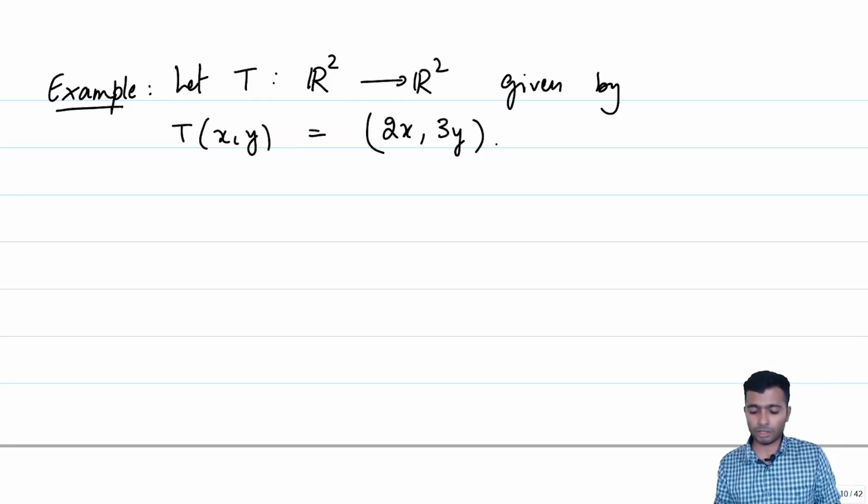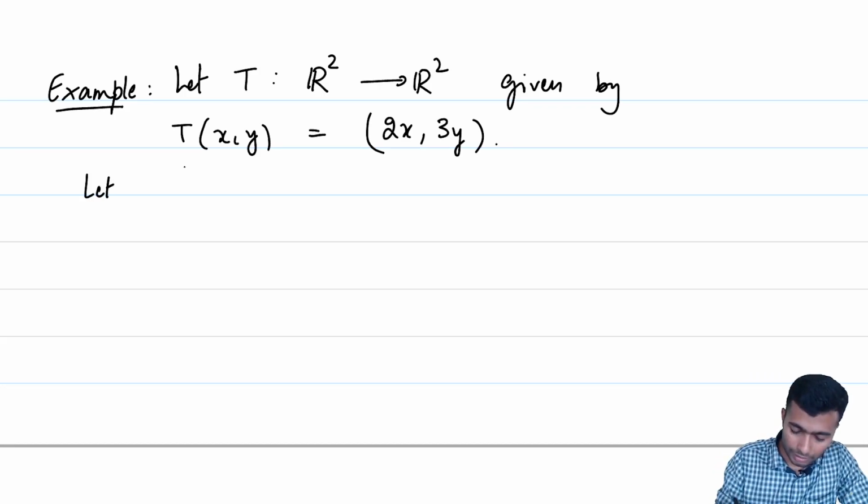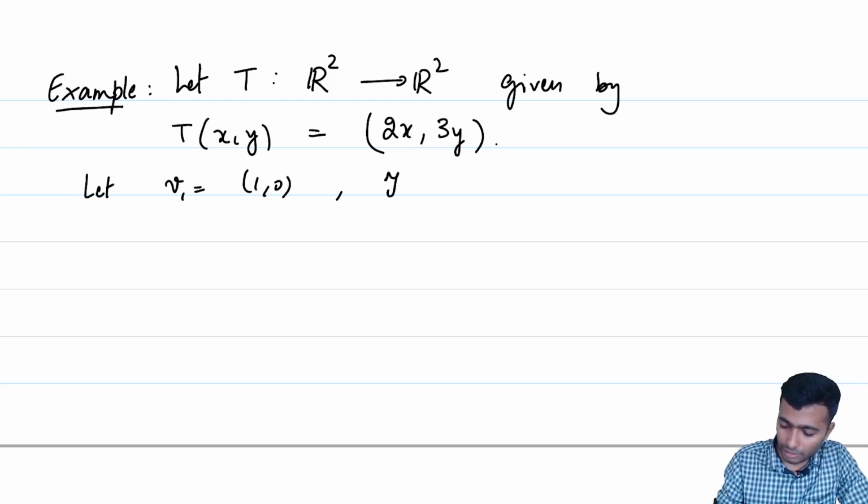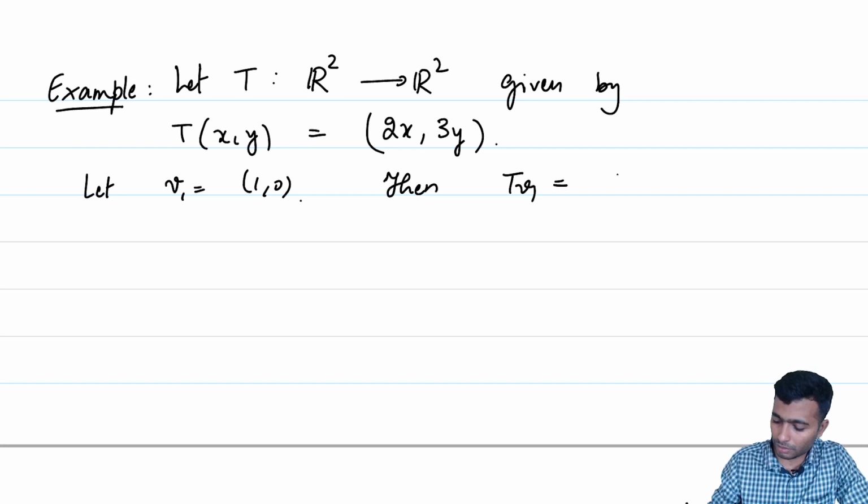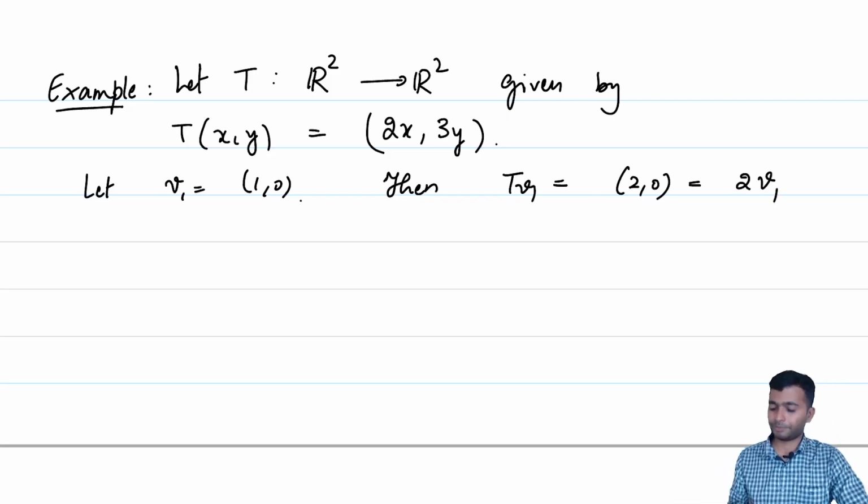If you notice, the coordinate basis vectors are eigenvectors. So, let v1 be equal to (1, 0), then T(v1) is equal to T of (1, 0), which is (2, 0), which is equal to 2 times v1.